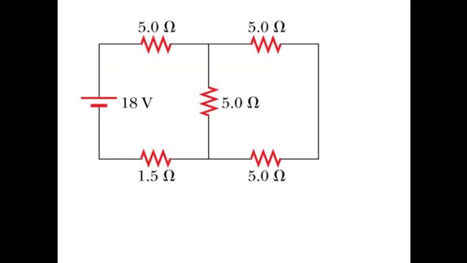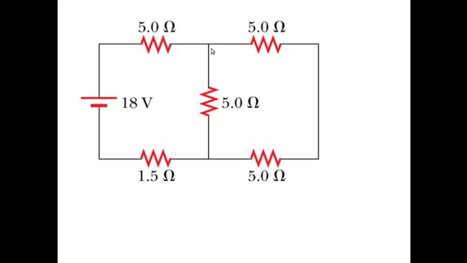So we've got a lot of 5 ohm resistors. The circuit looks a little bit different, but again, I want to collapse the circuit. I want to turn all of these resistors into one resistor with an equivalent resistance so I can find the current going through the circuit. So I've got a junction here and a junction here.